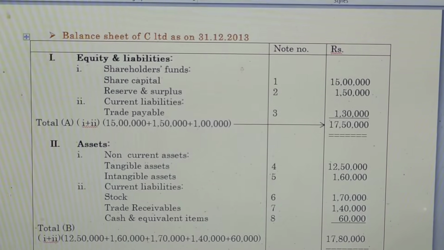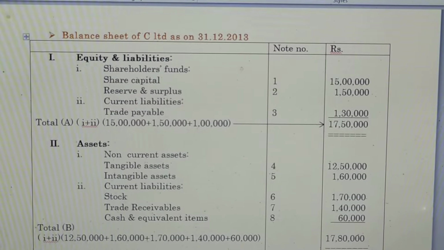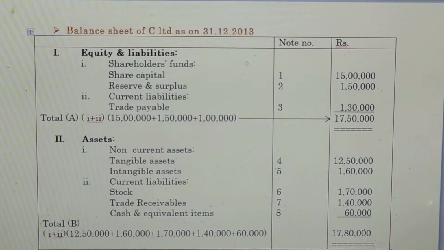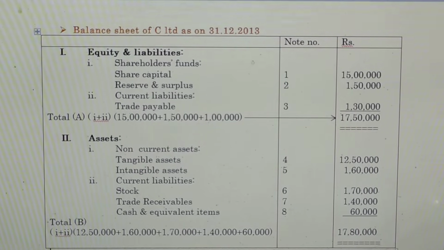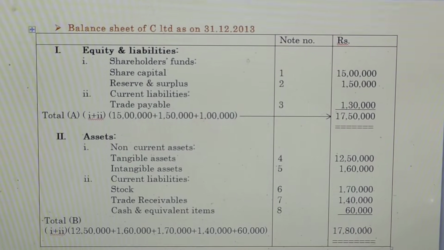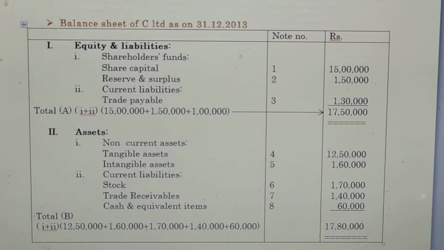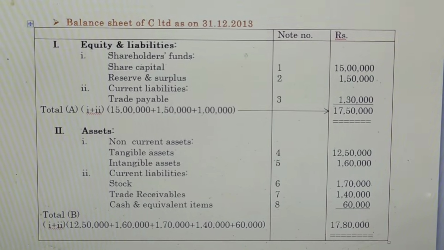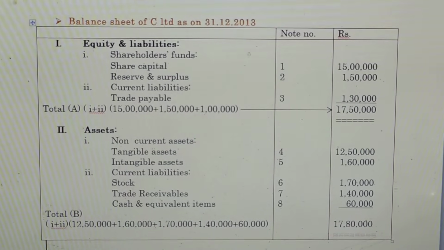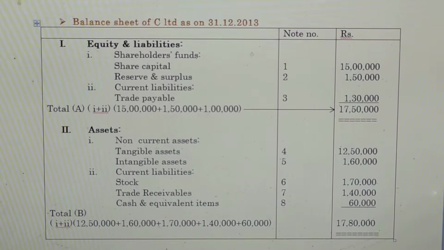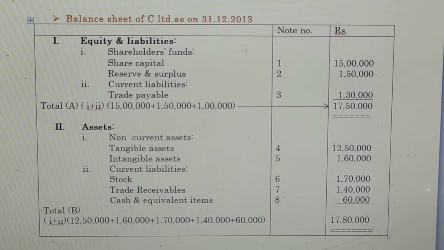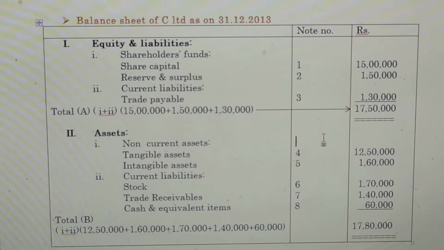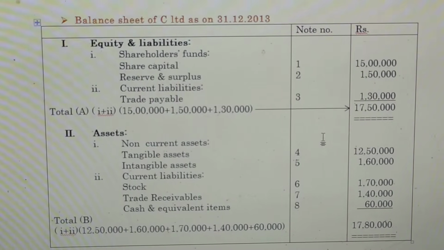The note number 2 total is 1,50,000, which we have to mention in the rupees column, and we have to mention the current liabilities. Under the current liabilities we have to mention trade payable, that is note number 3 heading. Note number 3 total is 1,30,000, which we have to mention in the rupees column, and the total value is 17,50,000. It means 15 lakhs plus 1,50,000 plus 1,30,000. So the total amount is 17,50,000. That is equity and liabilities total.